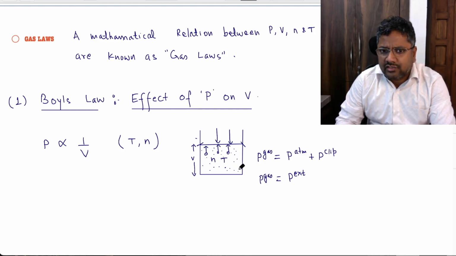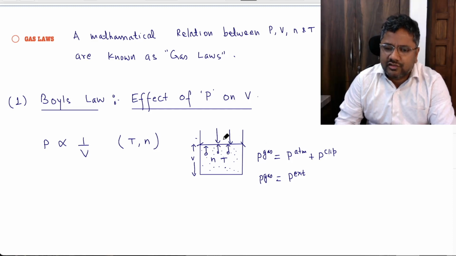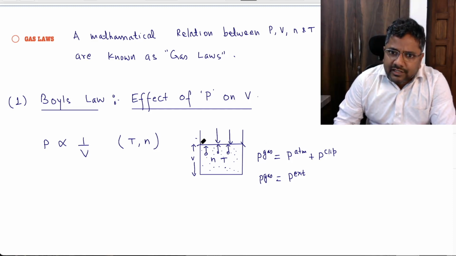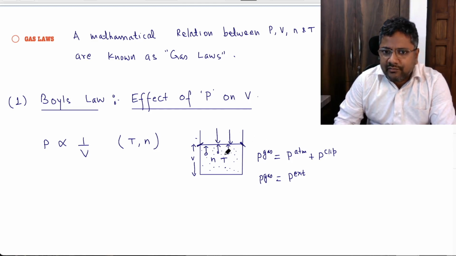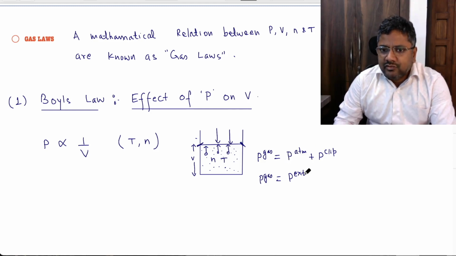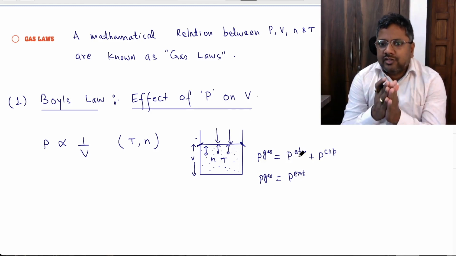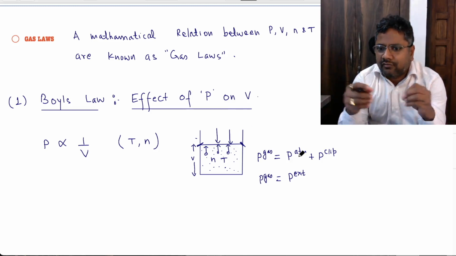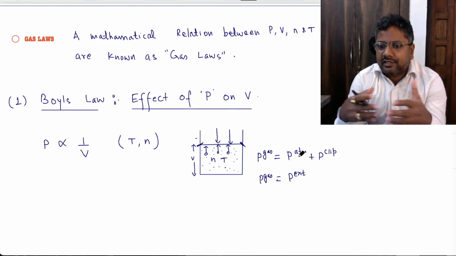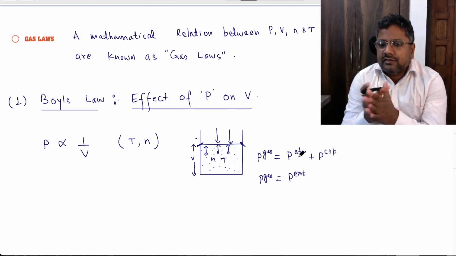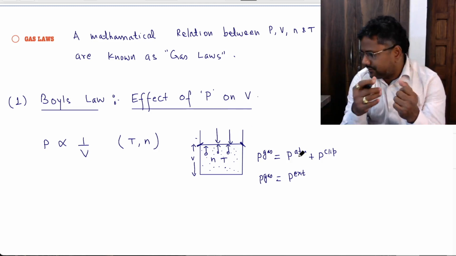Although all three walls will also exert equal pressure, we have clipped this piston so that it cannot move upward. If we remove this, then the pressure of gas is always equal to the atmospheric pressure. So this external pressure may include atmospheric pressure plus the equivalent pressure offered by this clip.